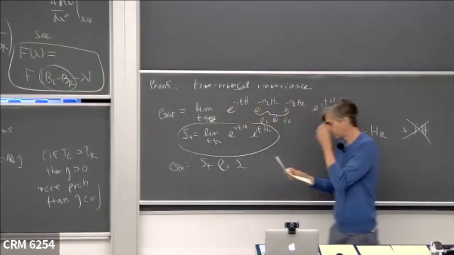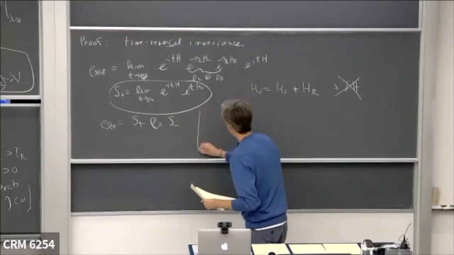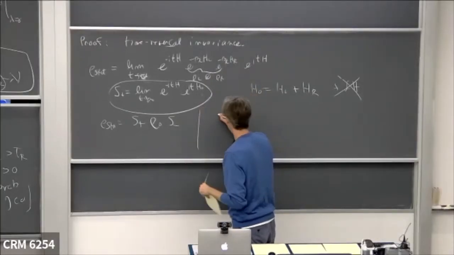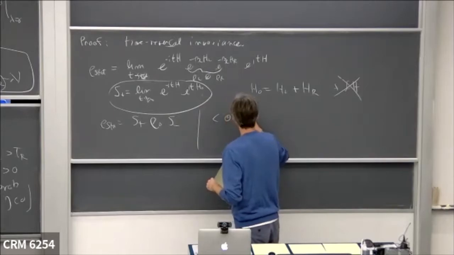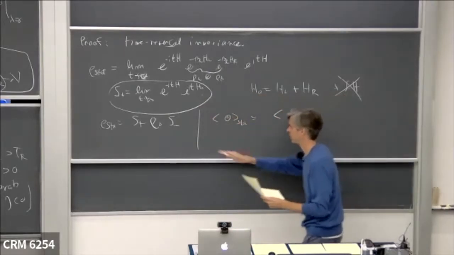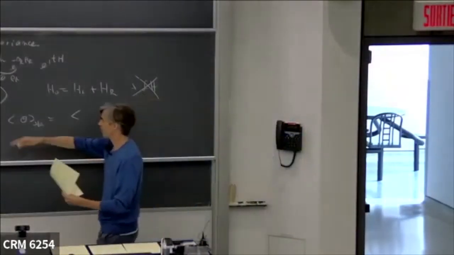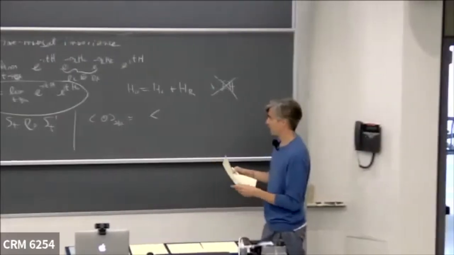You can also think then of evaluating an operator in the stationary state. And then you just have to insert this. Sorry, this was S plus inverse, which is the Hermitian conjugate. Yes, okay, S plus inverse.